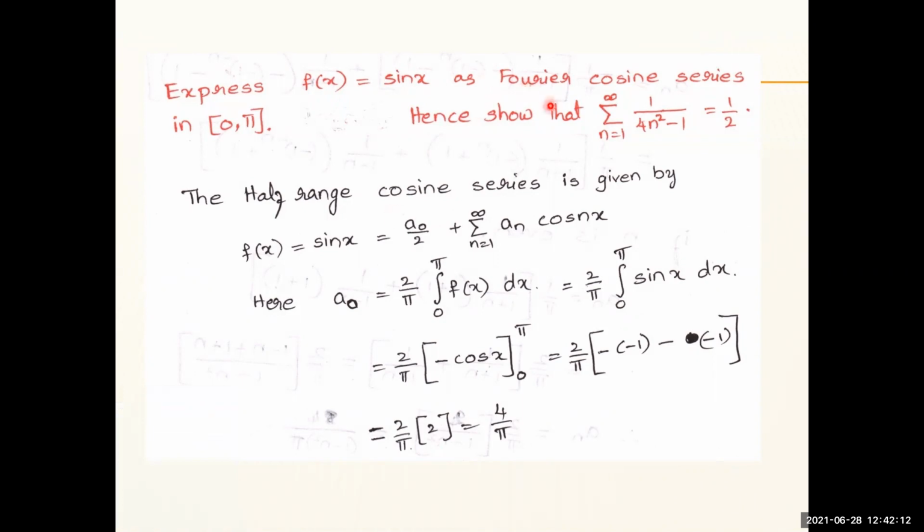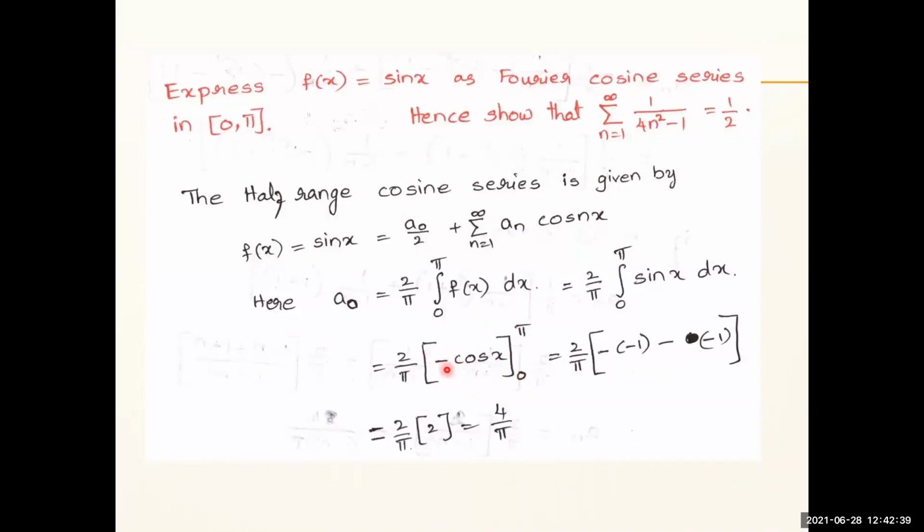And now let's see. When you are asked to find the half range cosine series, the series includes only cosine terms. So it is f of x equal to a0 by 2 plus summation an cos nx. And how can we find a0? You see the same formula whatever we used earlier, 2 by pi into integration from 0 to pi f of x dx. And I've just substituted f of x equal to sine x here. When you integrate sine x, the integration of sine x is minus cos x, correct? So minus cos x with the limits from 0 to pi.